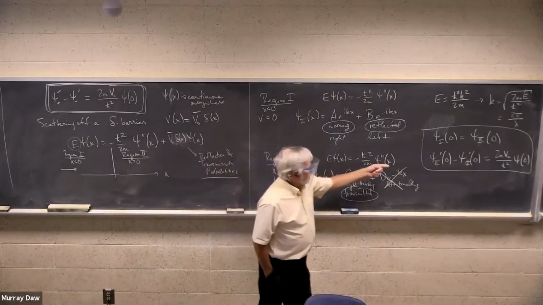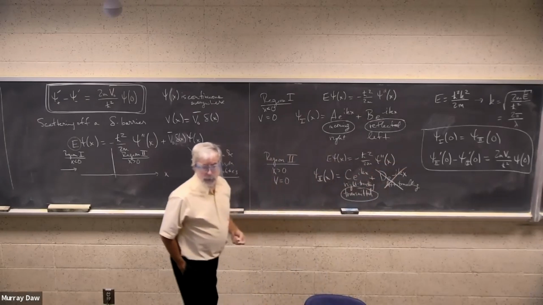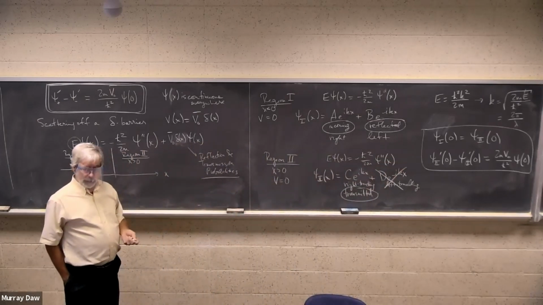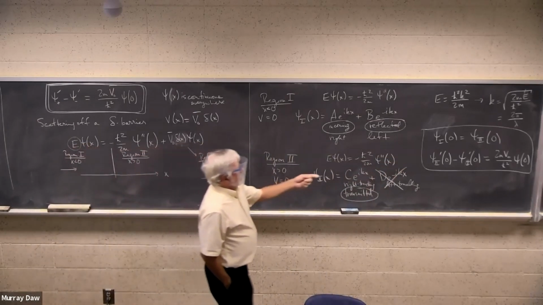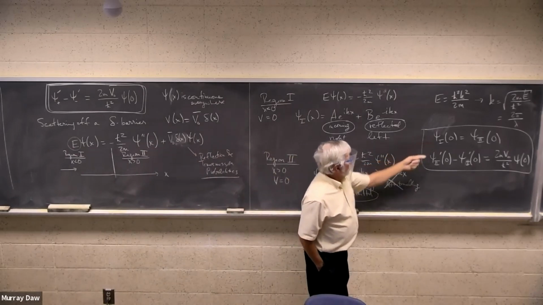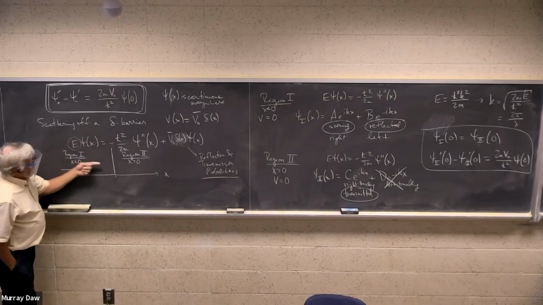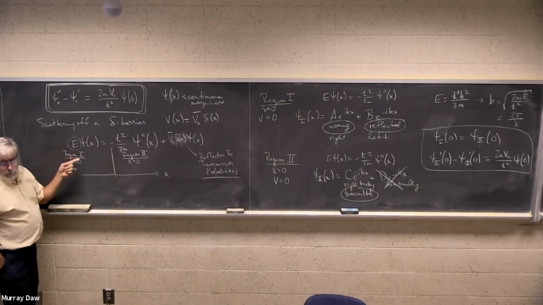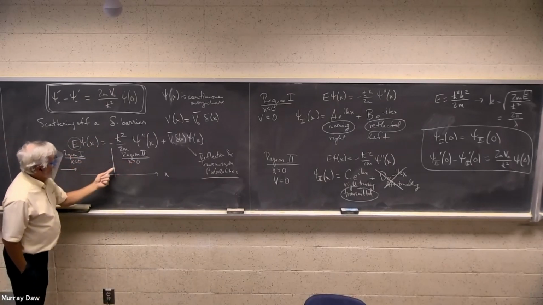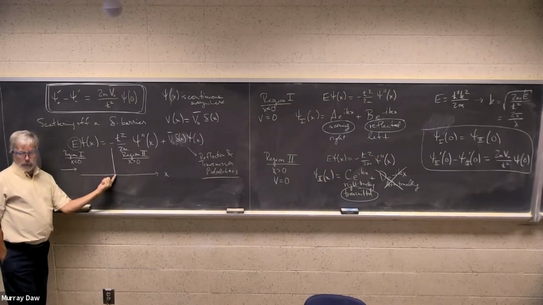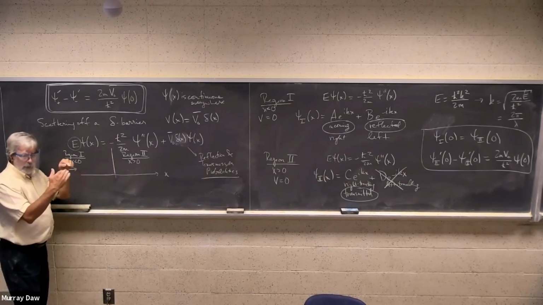And now we're going to apply the continuity conditions on the wave function. Wave function itself is continuous across here. So whatever we have coming in from the left and the reflected part is going to match what's going out to the right. It's going to match only at this point. They have to meet each other right here.